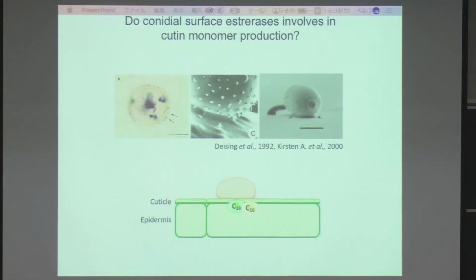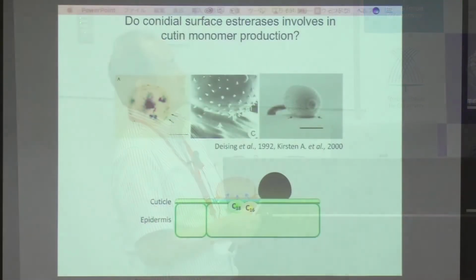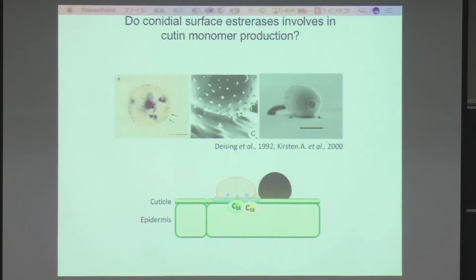By the way, in rust fungi and powdery mildew, the spore surface esterase is involved in the attachment to the host surface or host infection. So we checked whether the spore surface esterase is involved in the cutin monomer production.